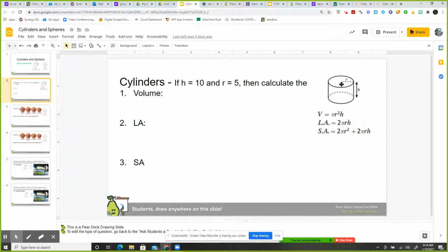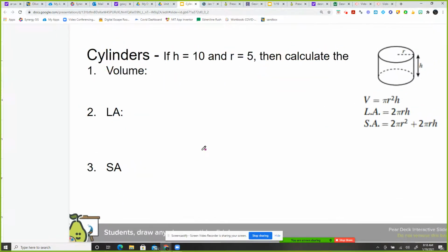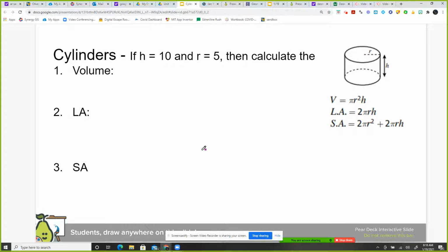So what math do I need to do for volume? On a piece of paper, on your Pear Deck, on something. Let's do that. So pi, we know the radius is 5. So 5 squared and then 10. You can always label that in your picture. Give yourself a visual.